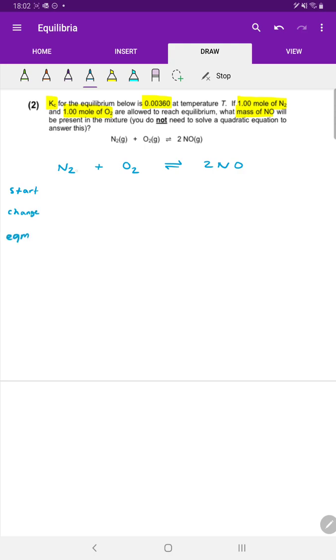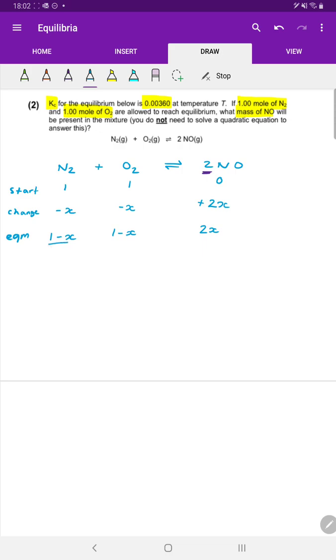So at the start we've got 1 mole nitrogen, 1 mole of oxygen, and no moles of NO. Change will be minus x for each of these, and you need to just take note here of the stoichiometry. So this will be plus 2x. Okay, so at equilibrium we're going to have 1 minus x moles of each of our reactants and 2x moles of our product.